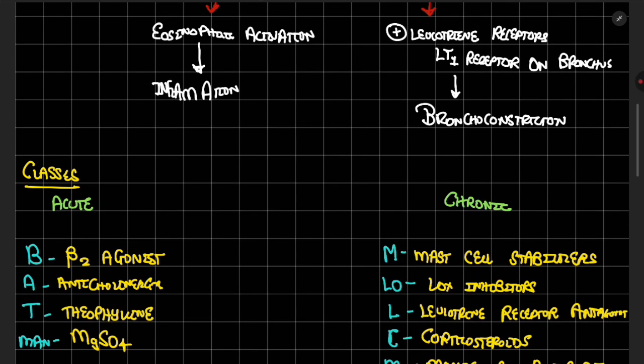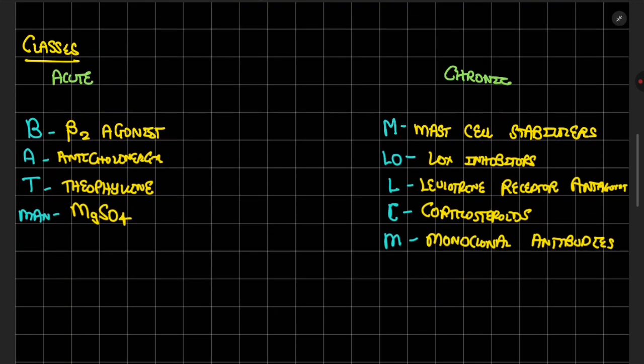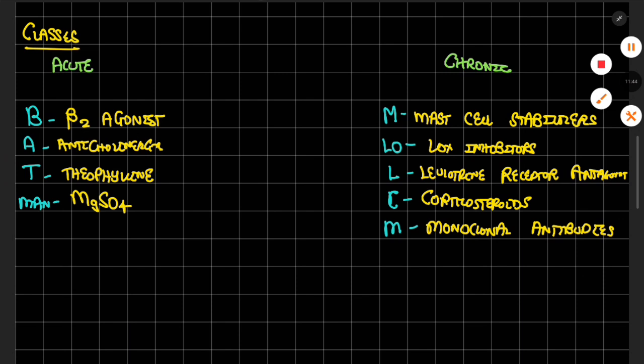As we know, leukotriene B4, C4 and D4 act on the leukotriene receptors and cause bronchoconstriction. So if we block the leukotriene receptors themselves, bronchoconstriction will not be caused. Then we have corticosteroids.